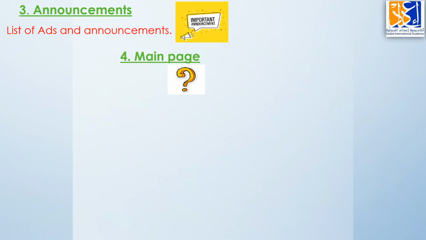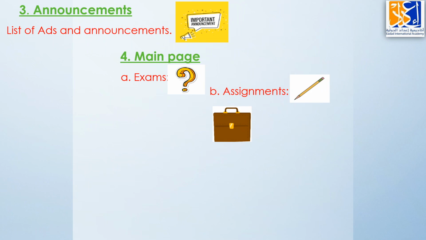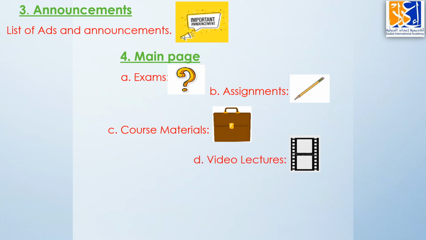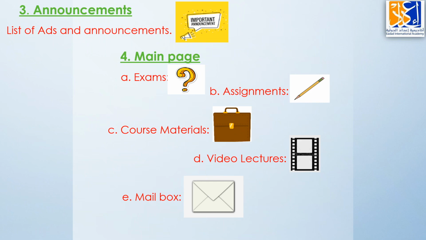We can see exams, assignments, course materials, video lectures, mailbox. There are again many things you can see on main page, but I have just briefed the main things that we can see on main page. Clear? Okay.